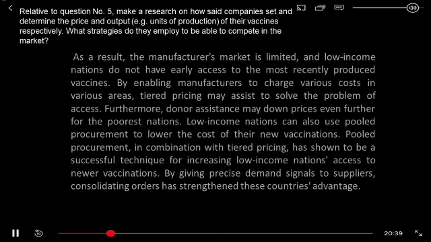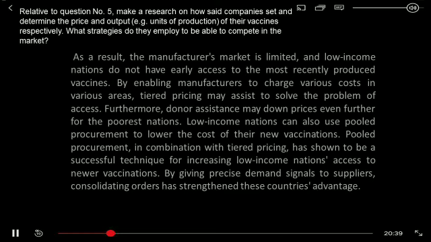As a result, the manufacturer's market is limited and low-income nations do not have early access to the most recently produced vaccines. By enabling manufacturers to charge variable costs in various areas, tiered pricing may assist to solve the problem of access.